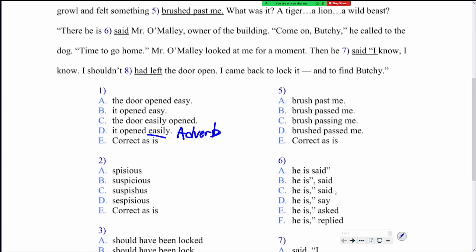When we quote someone and put what they say in quotation marks, we put the punctuation on the inside of the quotation marks. So the full thing he said was there he is. So you go there he is, comma, quotation mark, said Mr. O'Malley, owner of the building. If the quote from the person ends with a period, then you put the period and then the quotation mark.